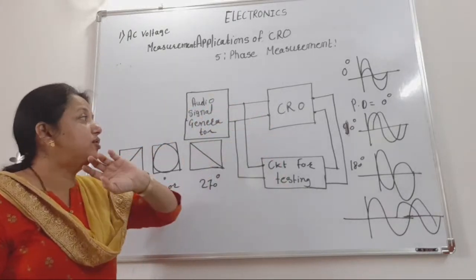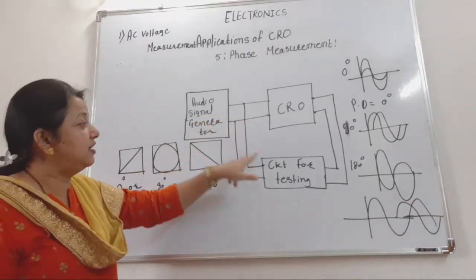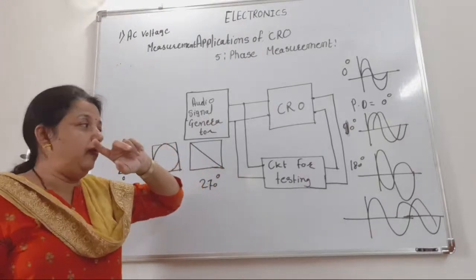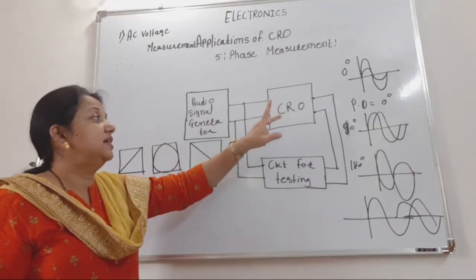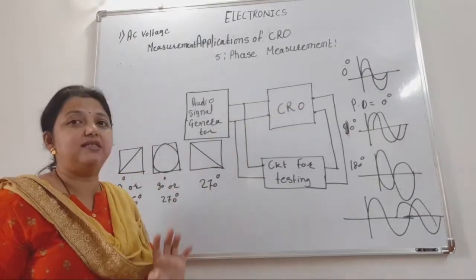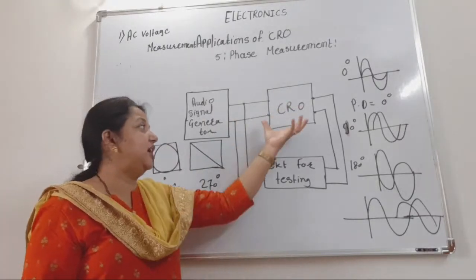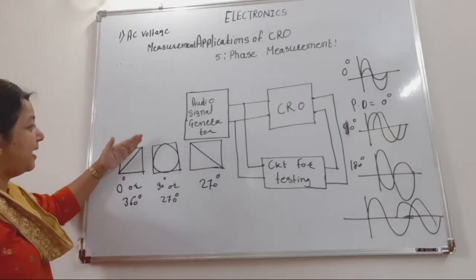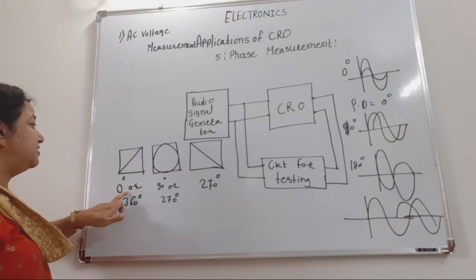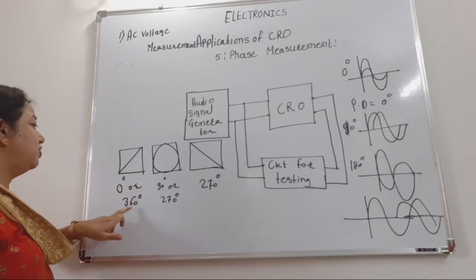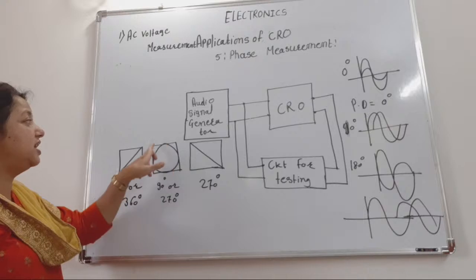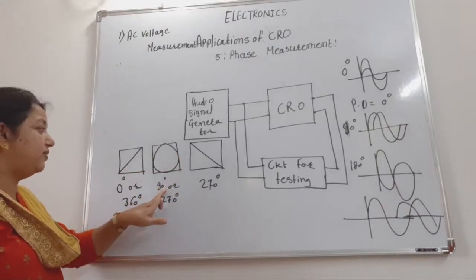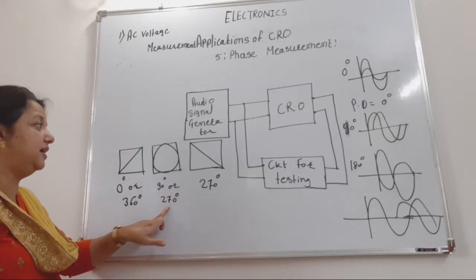Means on a screen, when you apply to that CRO the two signals, first signal directly from audio signal generator and same signal through that testing circuit to the CRO, now CRO has to judge the phase between these two signals. When CRO gets both the inputs, if CRO shows the pattern like this, at that time phase difference between the two signals is 0 or 360 degree. If on a screen of CRO the pattern is a circle, the phase difference is 90 or 270 degree.